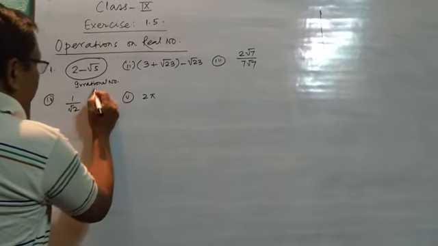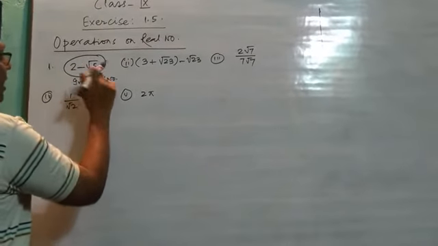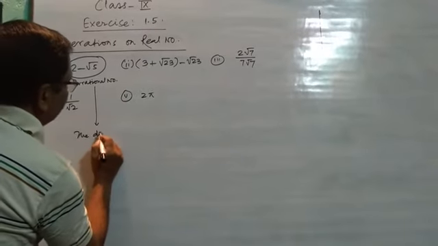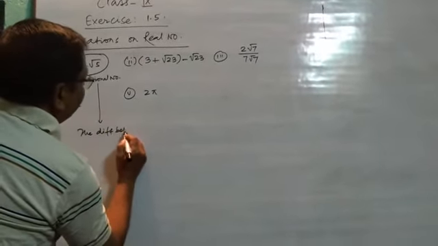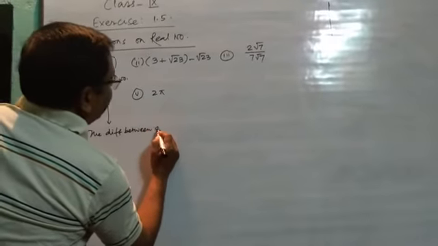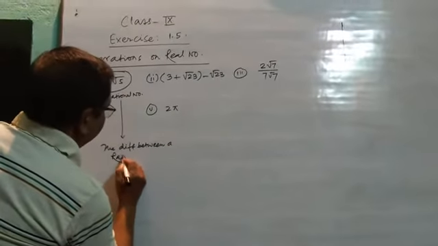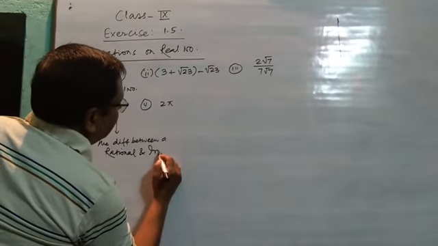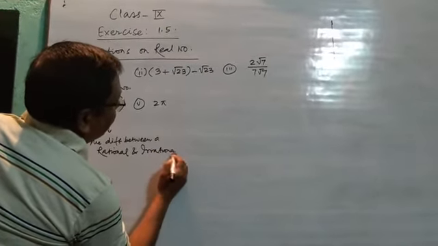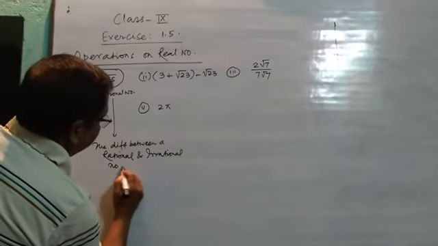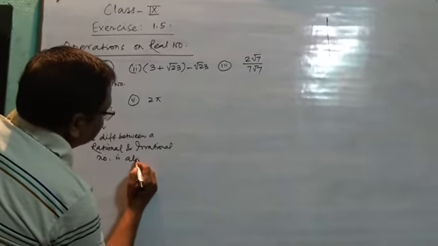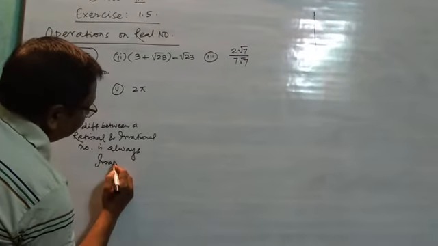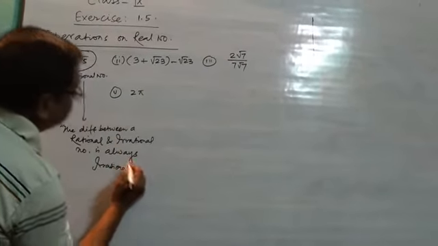The difference between a rational and irrational number is always irrational. So this is the first one.